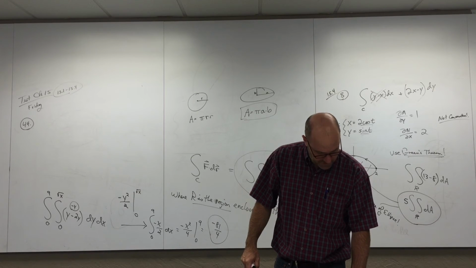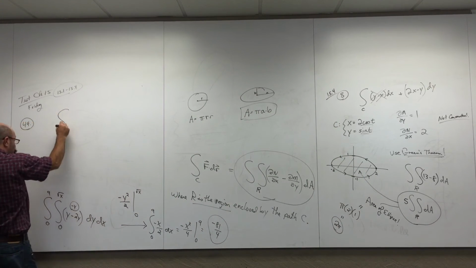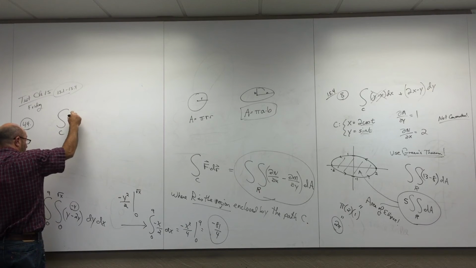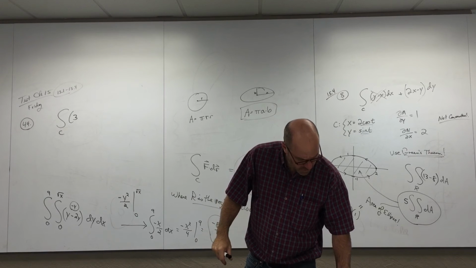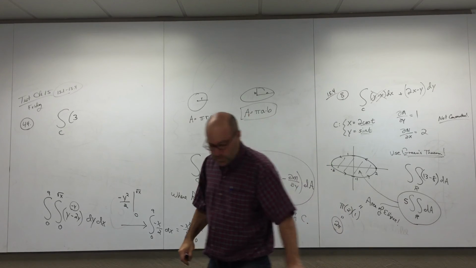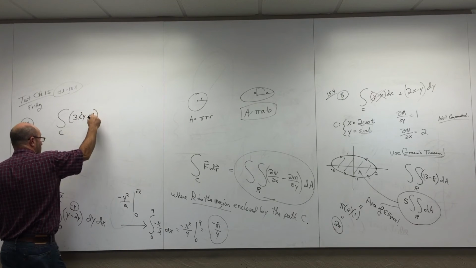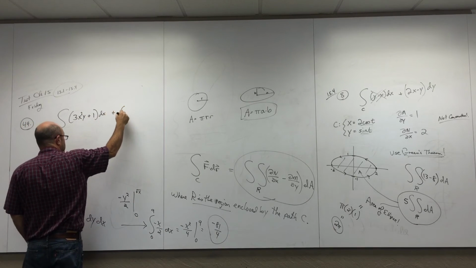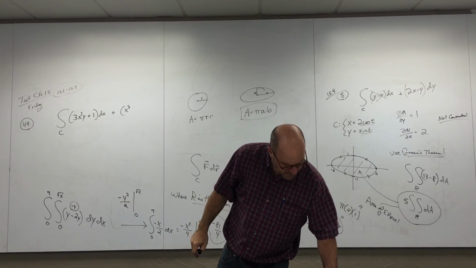They've drawn a good picture of this for me, and then they want me to evaluate this line integral: the integral of 3x squared y plus 1 dx plus x cubed plus 4x dy.